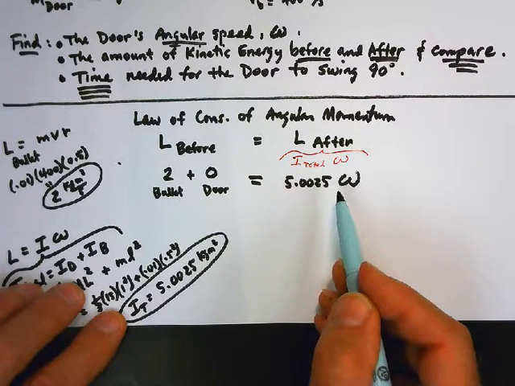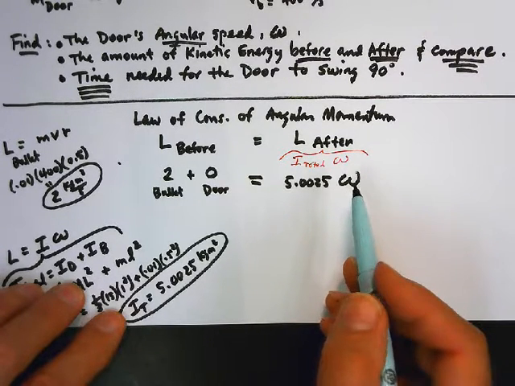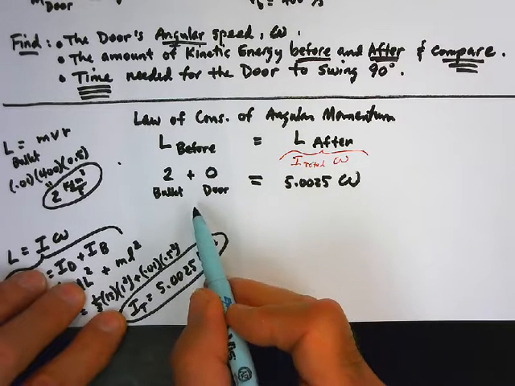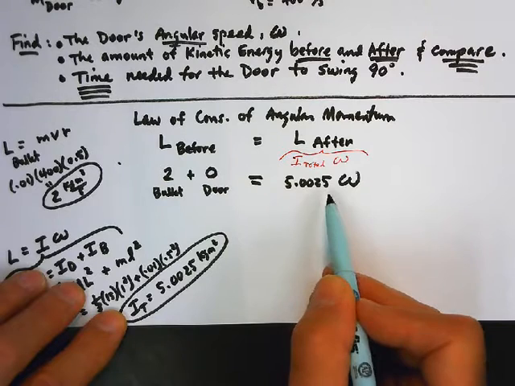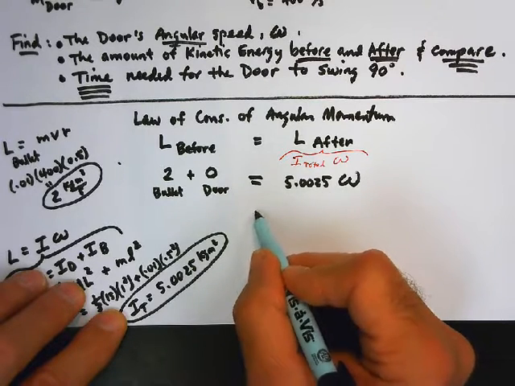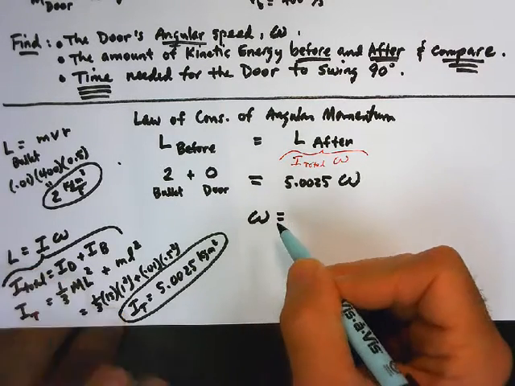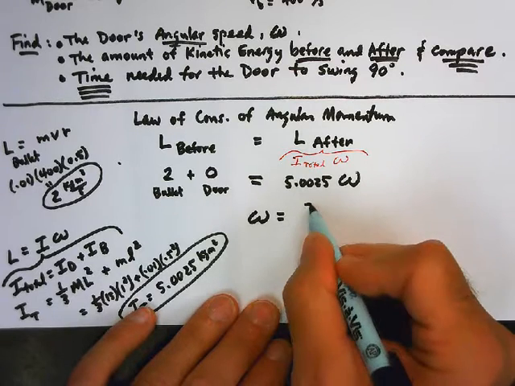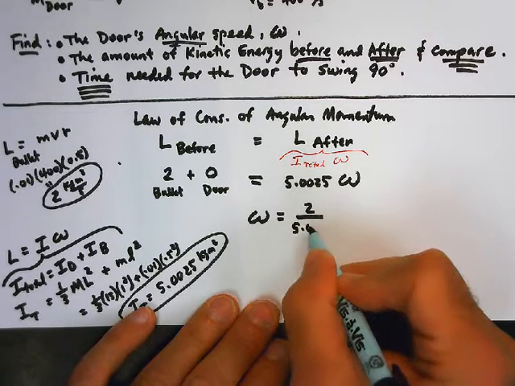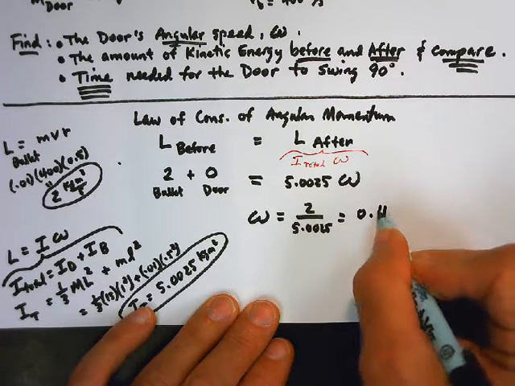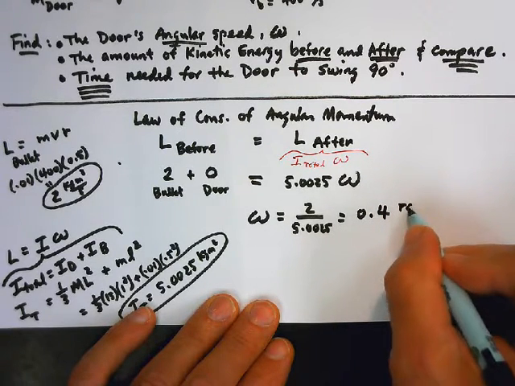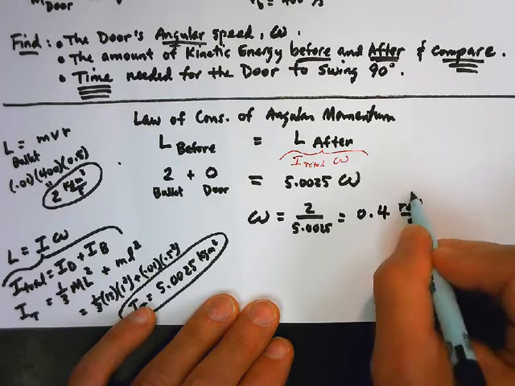The total angular momentum before the bullet collided with the door was 2, and that's equal to 5.0025 omega. So solving for omega, we get 2 over 5.0025, and that's equal to 0.4 radians per second.